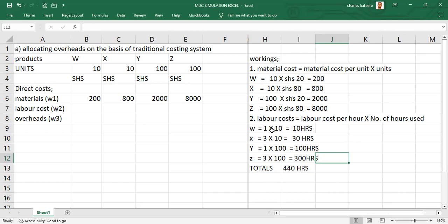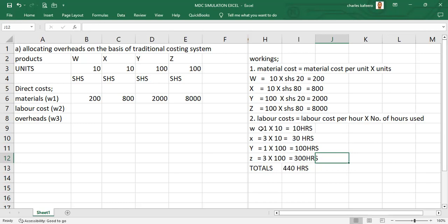So what we need here is that we need to get the cost or the labor cost we've incurred, since they have given us the direct labor cost per hour, meaning for each hour they are paying us 5 shillings. It means for us to get the cost that we spent on product W, we shall get the 10 hours, we multiply by 5.